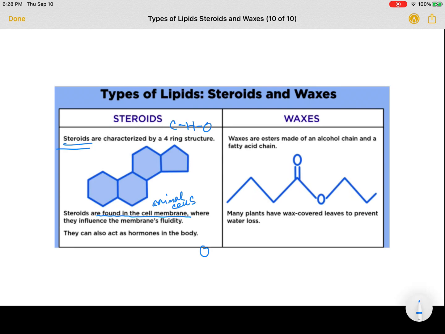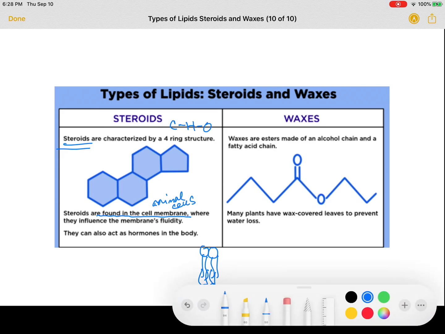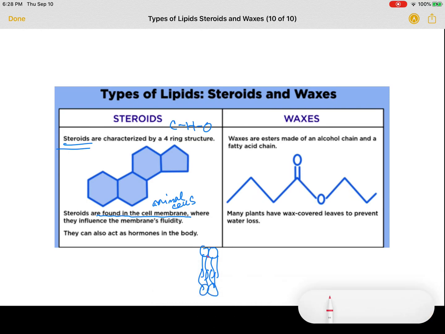And what it does is, if you have a phospholipid here, like this, and a phospholipid, and there's two layers of them, you would actually have little cholesterols in here, kind of acting as spacers so they don't stick together. So that's the fluidity. It adds to the fluidity of the membrane.